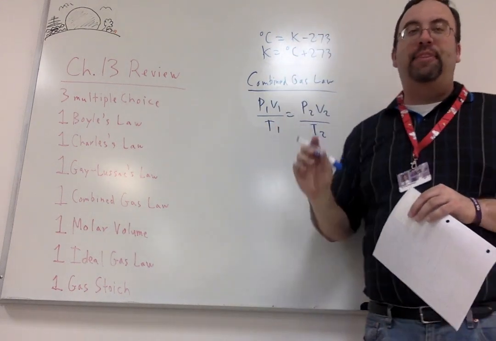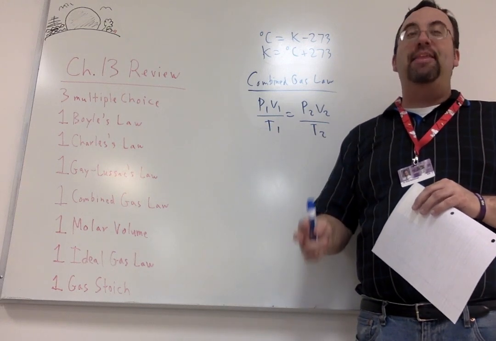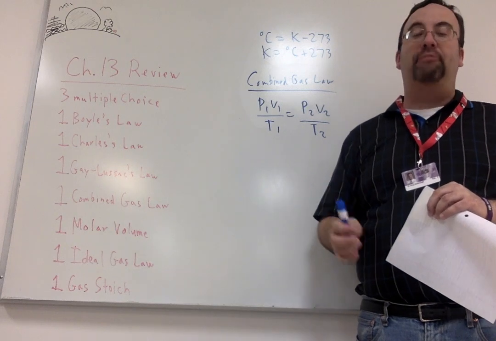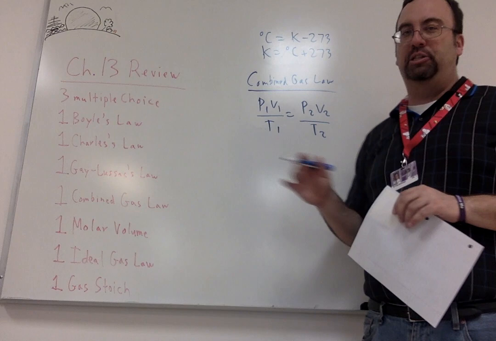Notice again that the combined gas law looks at the pressure, the volume, and the temperature before and after for a particular gas. And so this again combines the three previous laws.